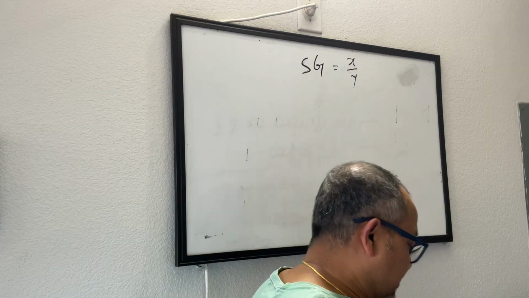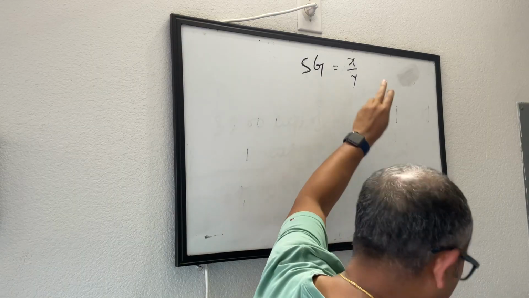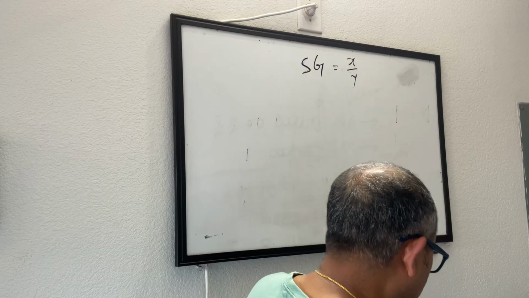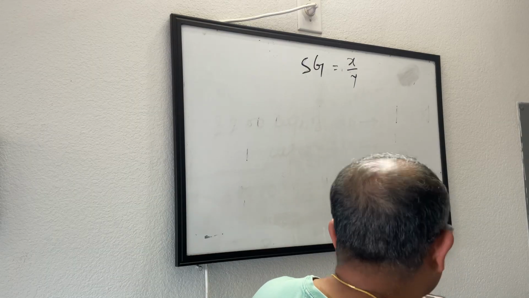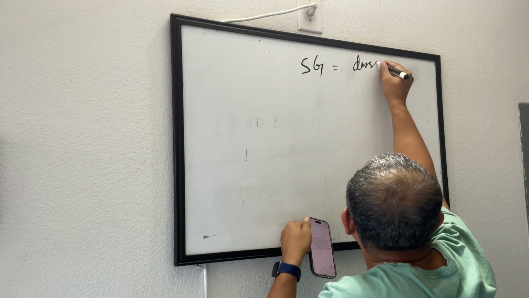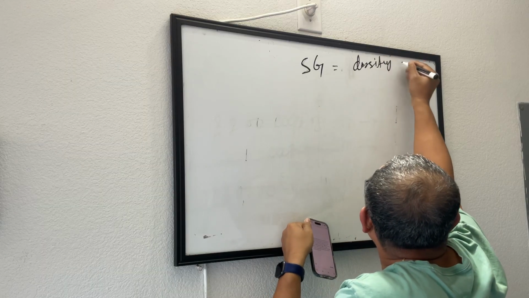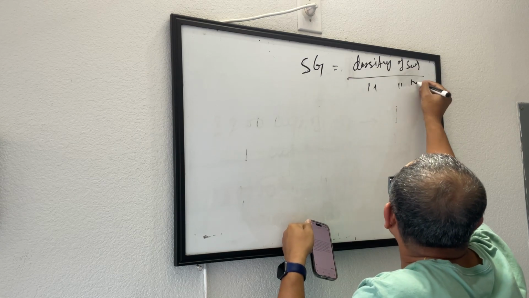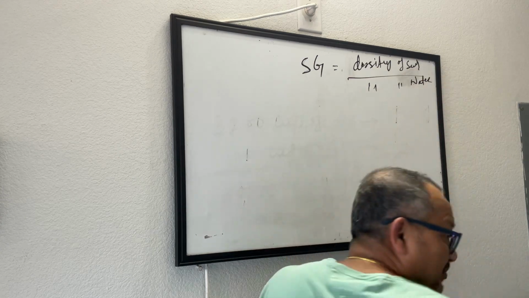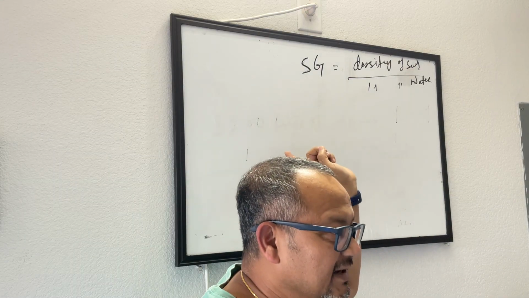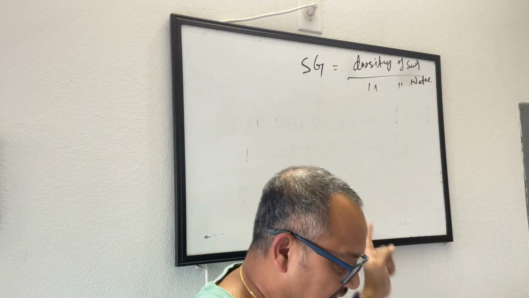Specific gravity is a ratio as a decimal of the density of a substance to the density of water. Okay, now it is density of substance by density of water. When I read this sentence two or three times, I get a little more comfortable with it.